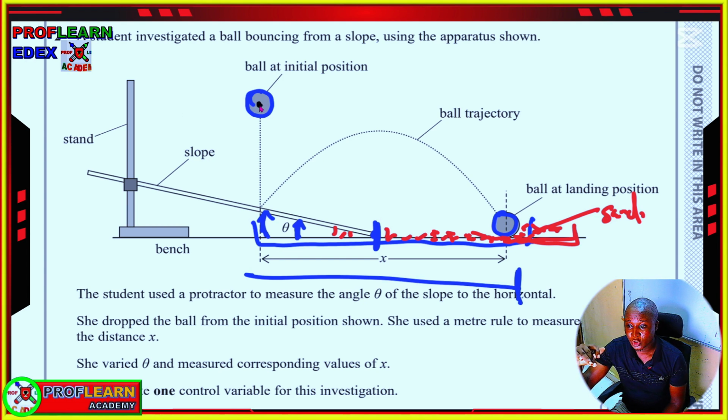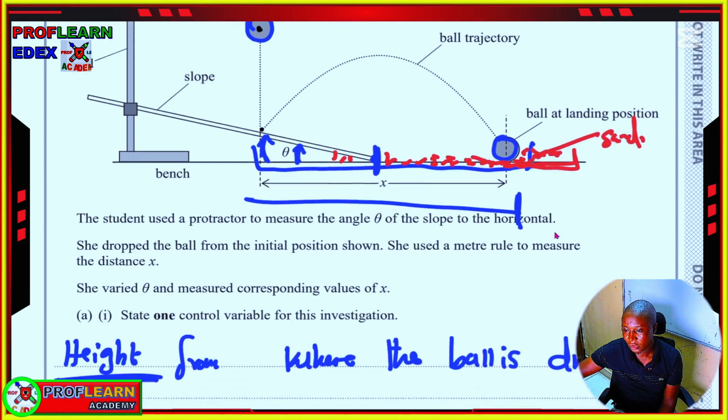That position should be maintained so that the gravitational potential energy, the GPE, is maintained. Because if you raise it higher, the ball will have a higher gravitational potential energy. Then it will reach here at a higher speed, so it will bounce more, and that will affect this experiment. So the position from where the ball is released should be kept constant throughout.